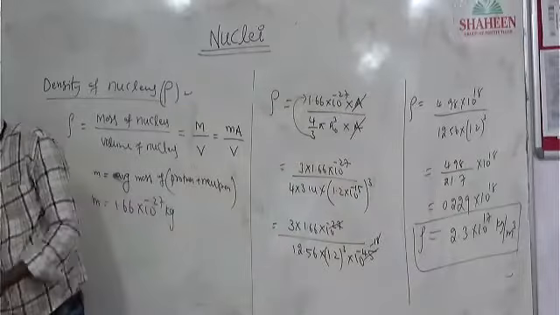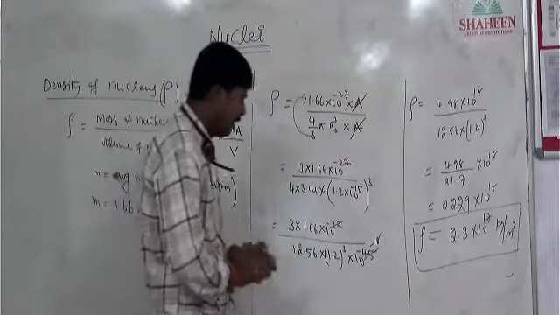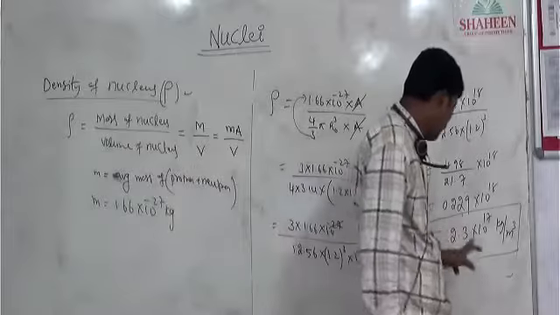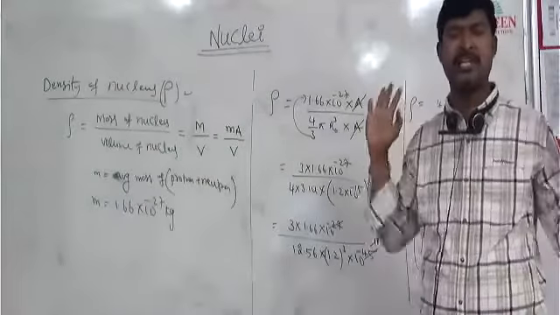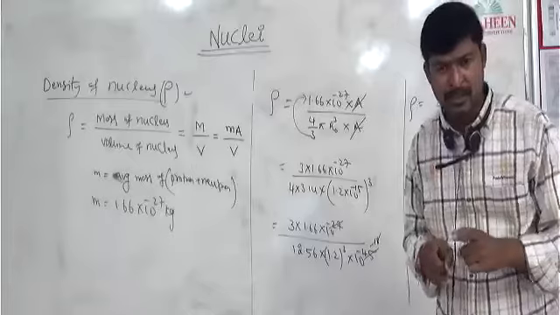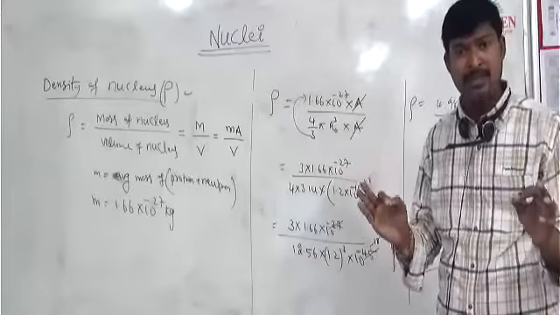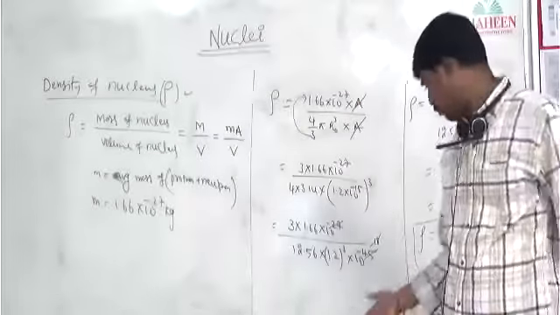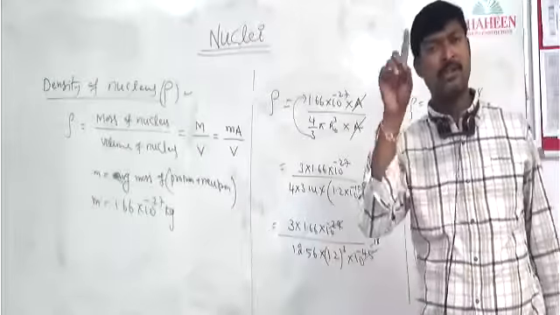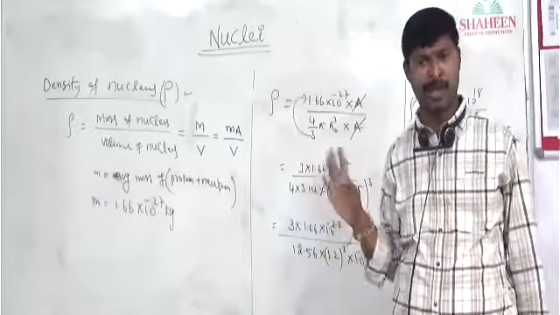Now, everybody look at the board. The density of nucleus we have got is 2.3 into 10 to the power of 17 kg per meter cube. That means it is of the order of 10 to the power of 17 kg per meter cube; 2.3 is anyway a constant.